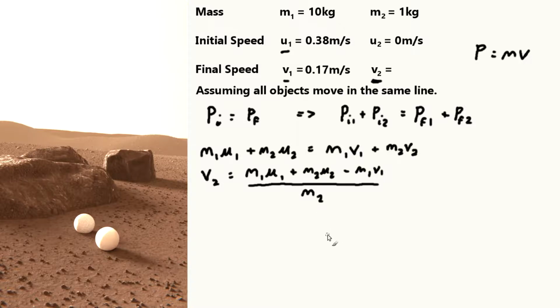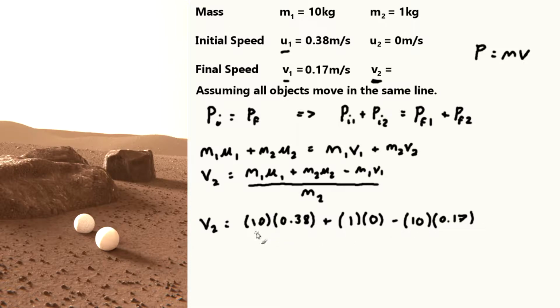And now this is a simple case of subbing in our values. v2 equals m1, which is 10 kilograms, times u1, which is 0.38, plus m2, which is 1 kilogram, multiplied by u2, which is 0, minus m1, which is once again 10 kilograms, multiplied by v1, which is 0.17 meters per second, and then all divided by m2, which is 1 kilogram.